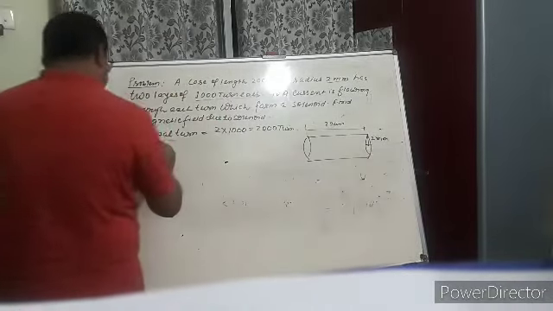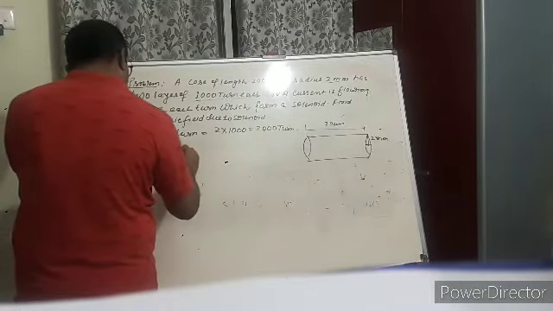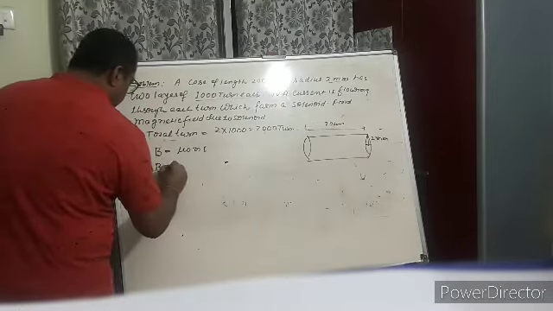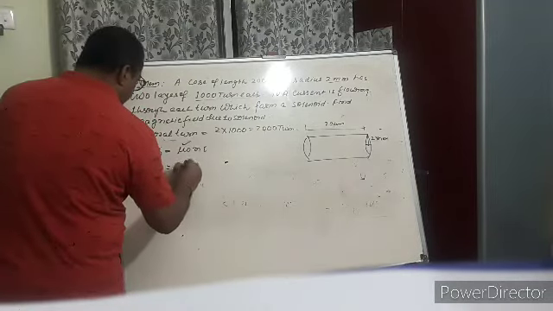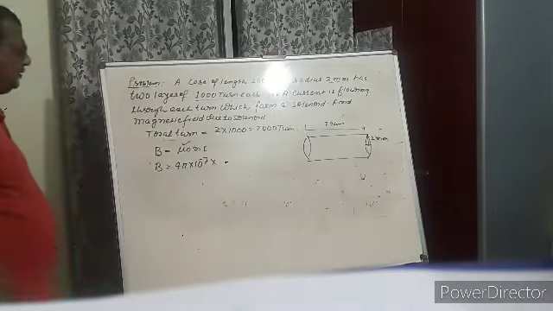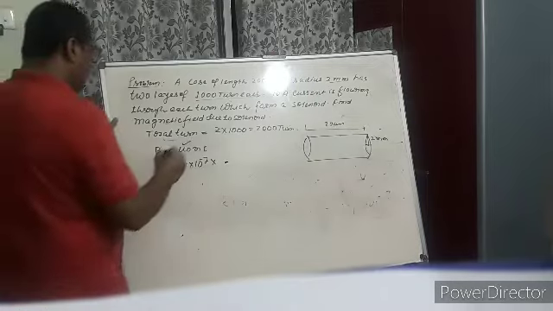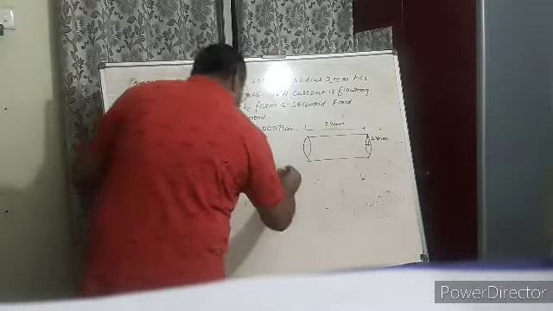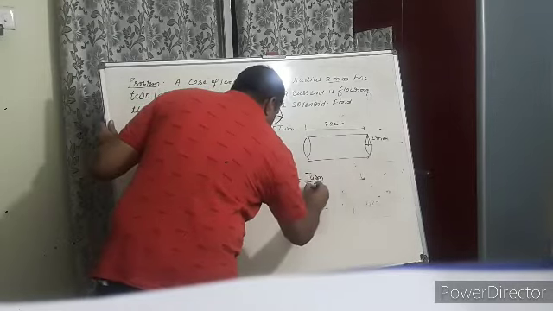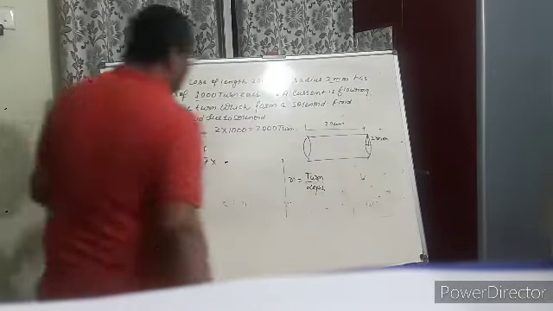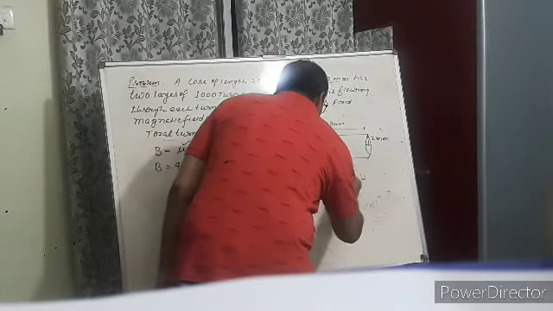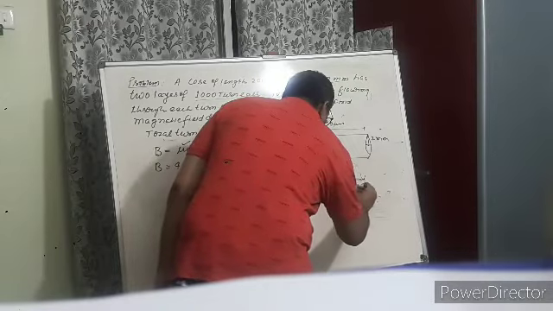Magnetic field B is equal to mu naught n I. B is equal to mu naught, which is 4 pi into 10 to the power minus 7, into n. This n is the number of turns per unit length. Turns is 2000 and length is 20 into 10 to the power minus 2.